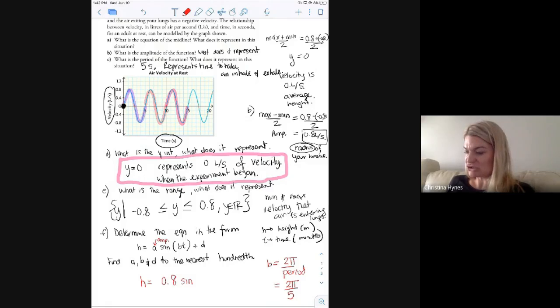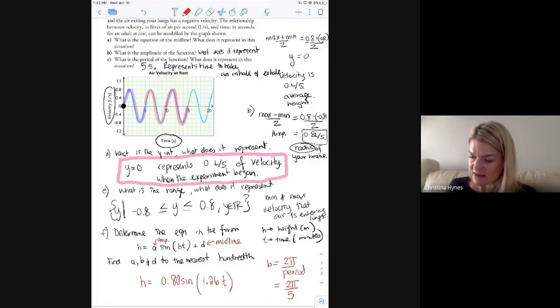So you can leave it as 2 pi over 5 because that is simplified, or put 2 pi divided by 5 in your calculator and I would get that B is 1.26 rounded to the nearest hundredth. And I do have to round to the nearest hundredth here too. So because it says hundredth, I do have to have 2 decimal places in each of those A, B, and D values. And finally, my D value is the midline.